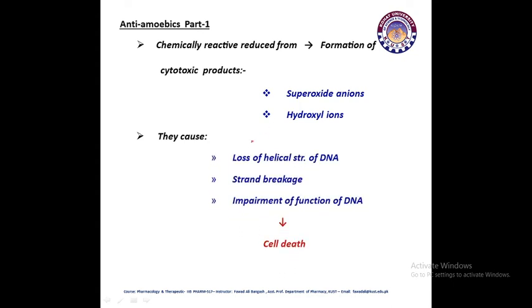They cause loss of helical structure of the DNA, strand breakage, and impairment of function of the DNA. So they potentiate the effect of radiation on hypoxic tumor cells. So this is the mechanism of action.